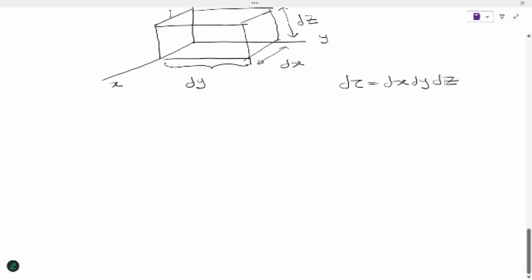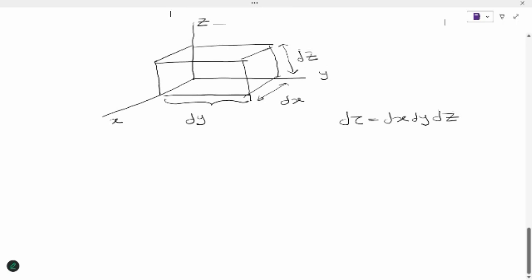Now, let's consider a vector A(x, y, z) associated with this parallelepiped.